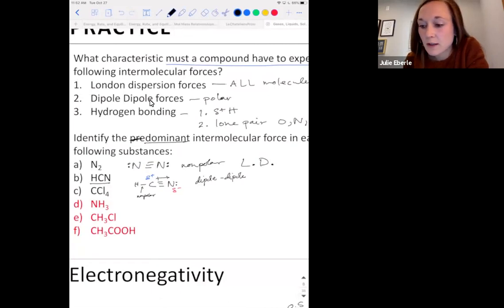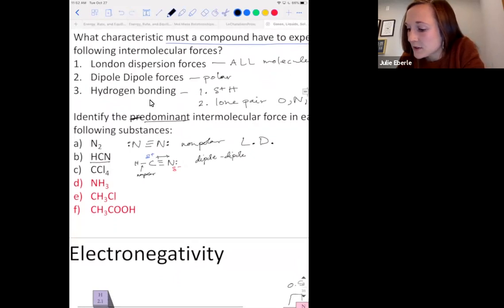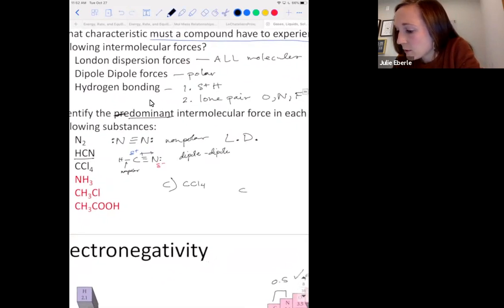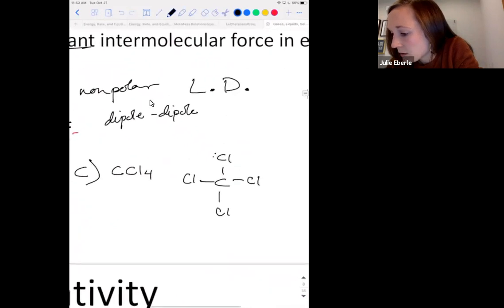We'll do C really quick, and then I'm going to let y'all do D, E, and F. So C, we have CCl4. That should just be a carbon with 4 chlorines bonded, and those chlorines all get 3 lone pairs each.